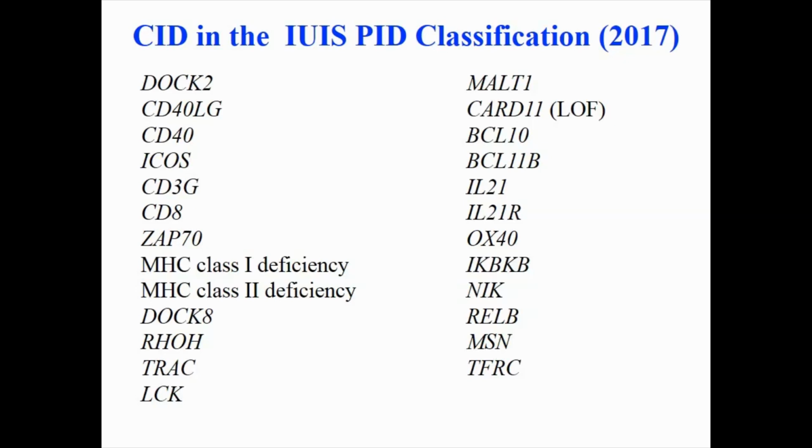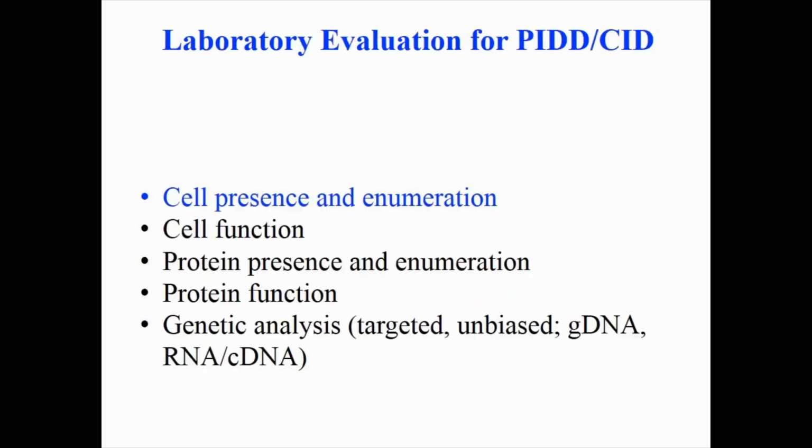So, having said that, this is going to be the idea that we're going to follow. Whenever we face a patient whose immune system we want to study, we look for the presence of cells and enumeration, we look for the function, the protein that's present, the protein function, and then genetic testing. It doesn't need to be in that order.